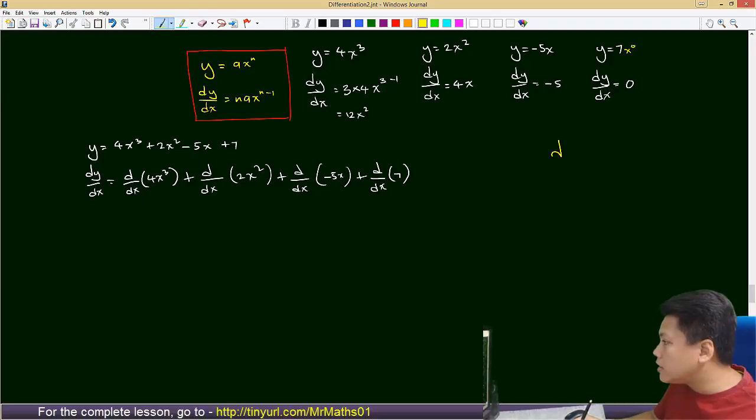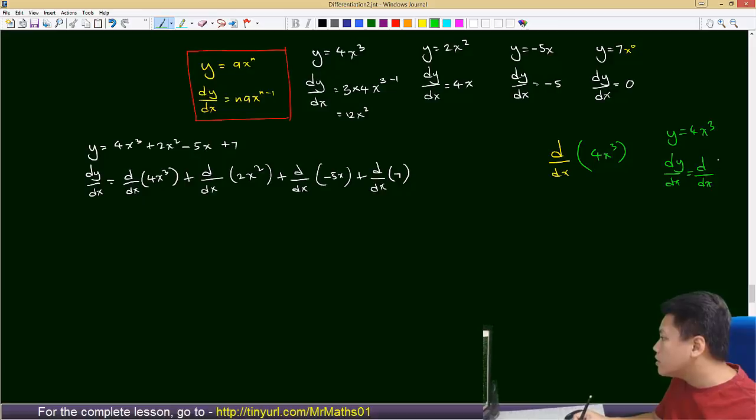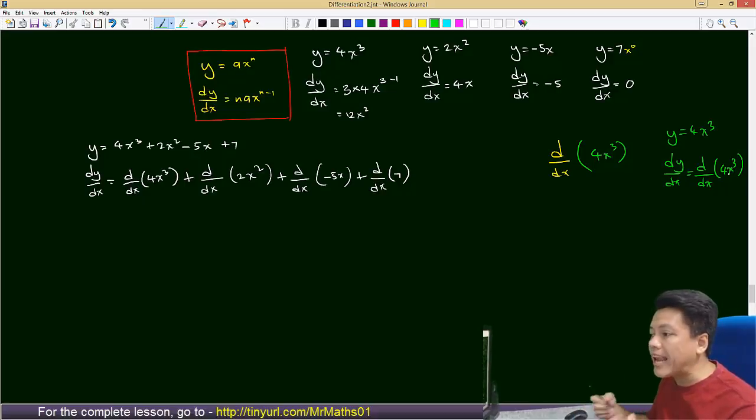This term here, d/dx. Where is the y? Well, because whatever is inside the bracket right after that is y. For example, y is 4x cubed, then dy/dx is equal to d over dx of 4x cubed. So that is just another convention of writing the first derivative of a term.